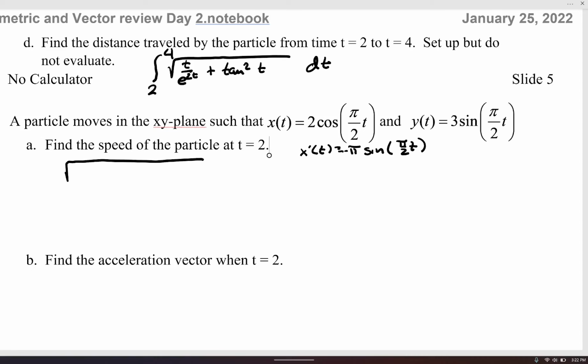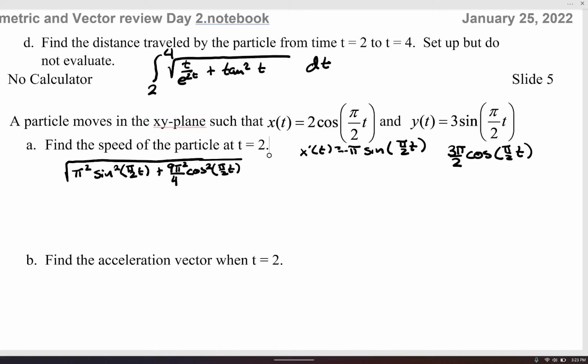So it's going to be pi squared sine squared of pi over 2 t plus, and here we have 3 pi over 2 cosine of pi over 2 t, so 9 pi squared over 4 cosine squared of pi over 2 t.